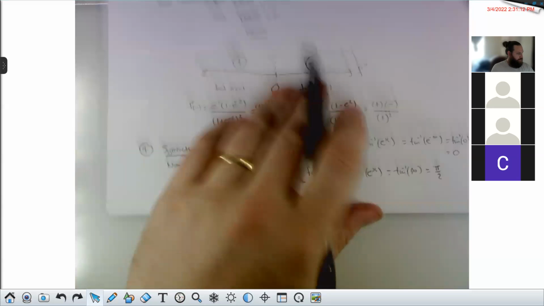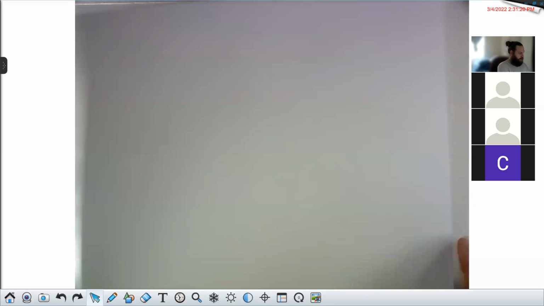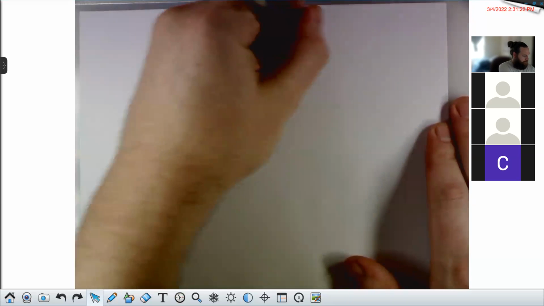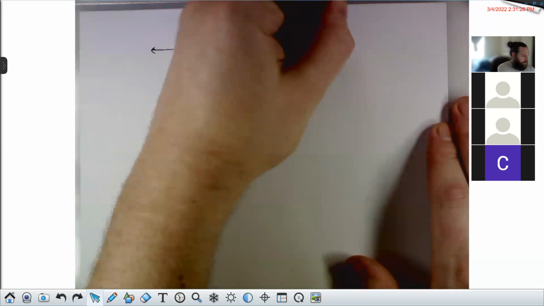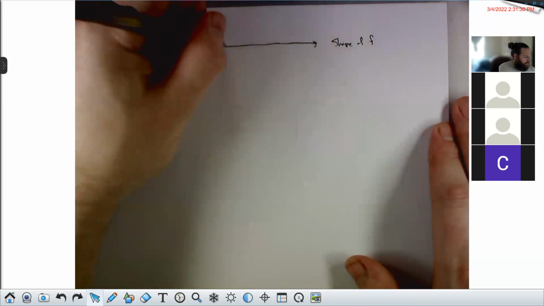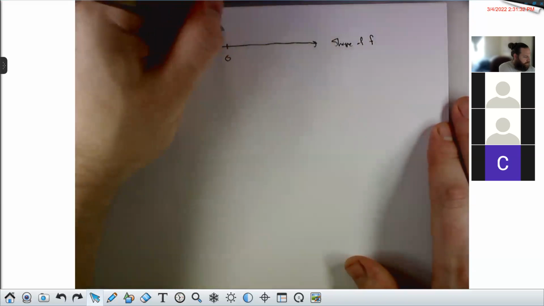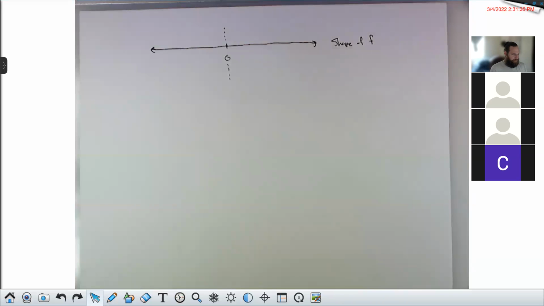We're going to make our number line for the shape of f. I'm going to set these papers off to the side so we can refer back to our previous number lines. Not too much to do here. The only number that showed up on any of those number lines was 0, and that was on the number line for f double primed.